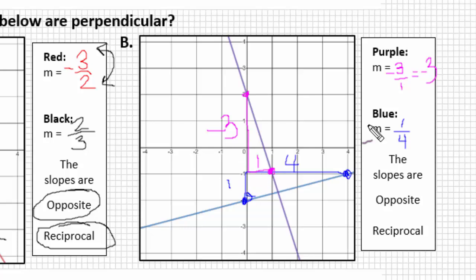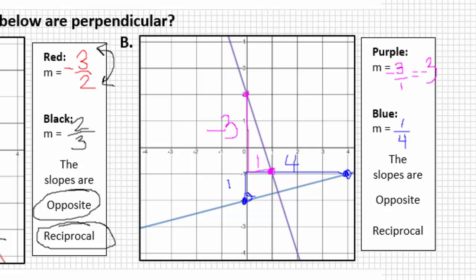It dropped 3 and went over 1, so I wrote the slope as -3/1, which simplifies to -3 for the purple line. And for the blue line, I used the points (0, -2) and (4, -1), and I found that it has a positive slope, going up from left to right, up 1 over 4. So the blue line had a slope, or an m-value, of 1/4.